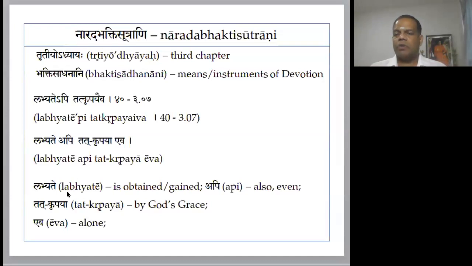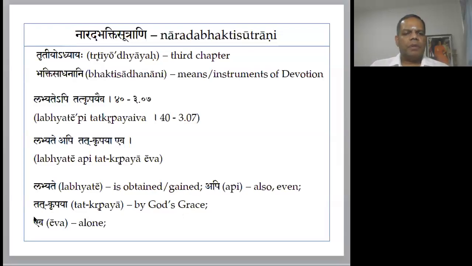Labhati is what's called the active form. Labhyate is the passive form. That means it is obtained or is gained. Labh is the root word, which means to gain. Api means also or even. That kind of meaning comes with the word api.